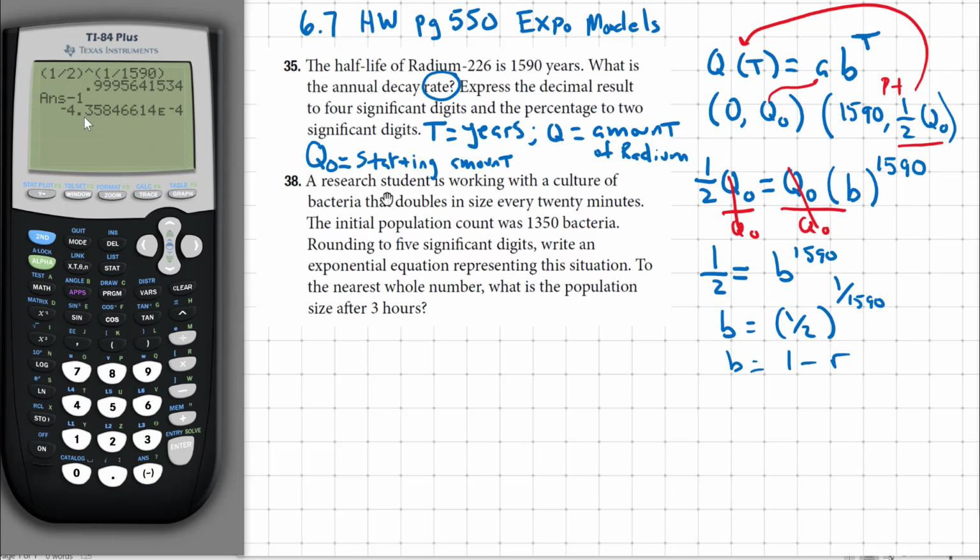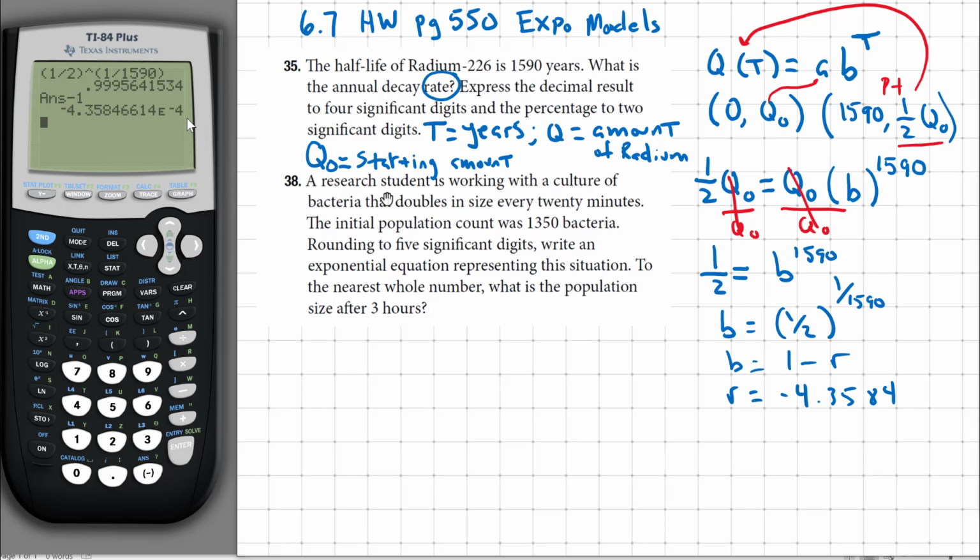So the e to the -4 over here, that's just exponential or engineering notation. Or some of you know scientific notation is times 10 to the -4. So if I have that 3, 5, 8, 4, 6, 6, e to the -4, if I write it as a decimal, that just means I am dividing by 10,000.